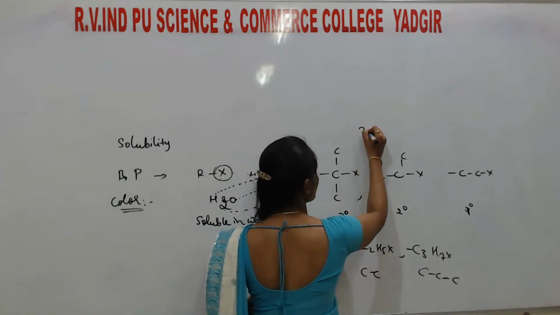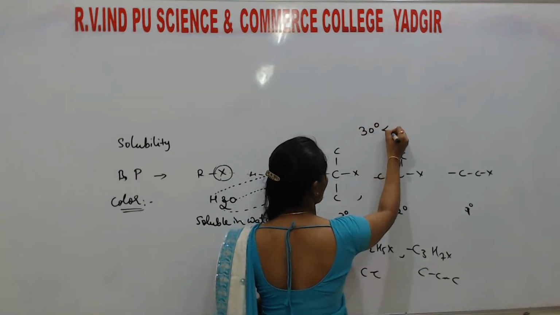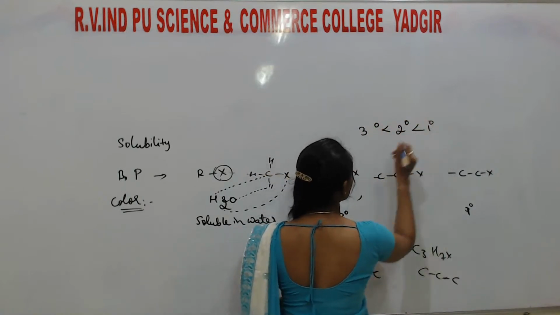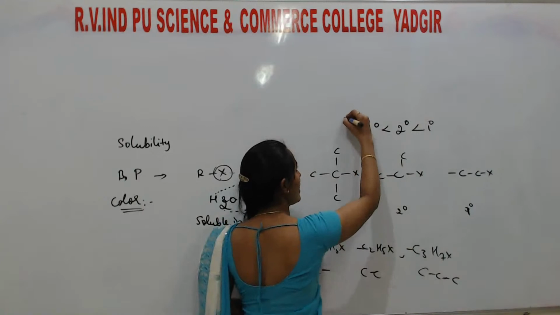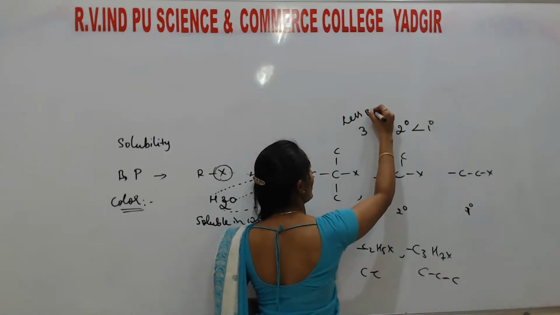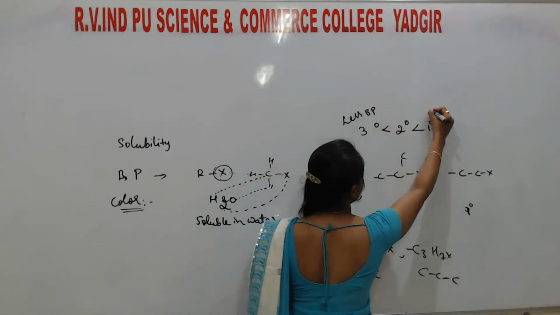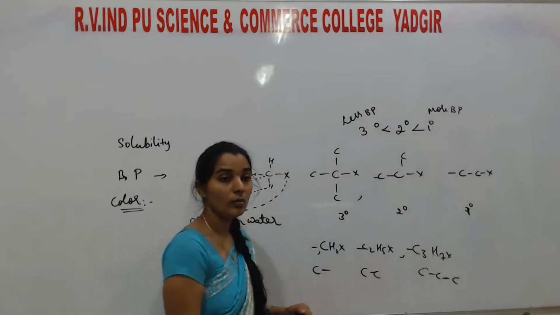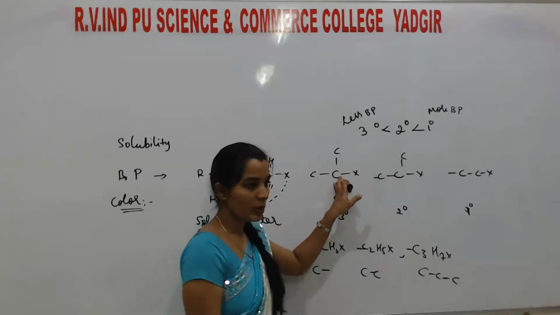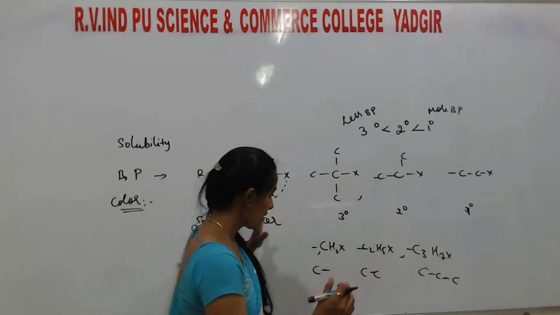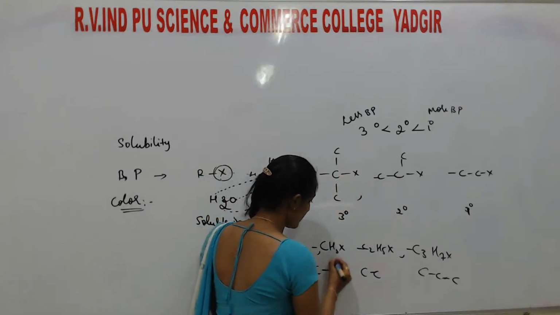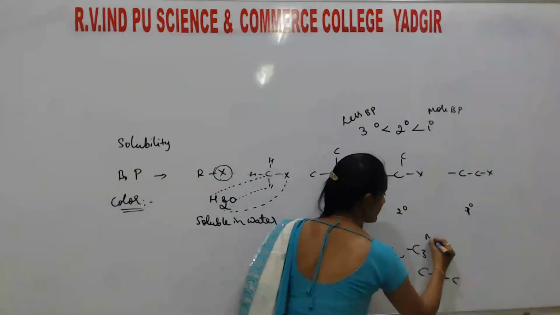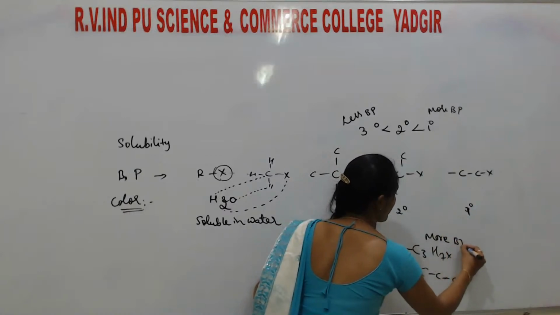Tertiary has the least boiling point, then secondary, then primary. Tertiary alkyl halide has less boiling point and primary alkyl halides have more boiling point.